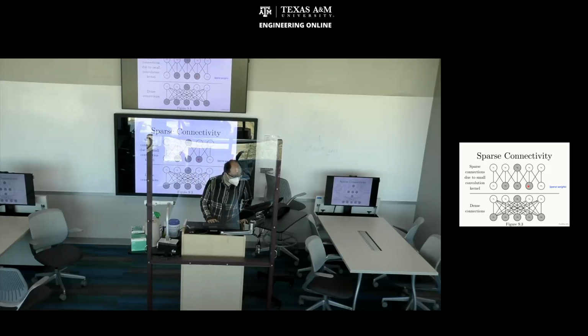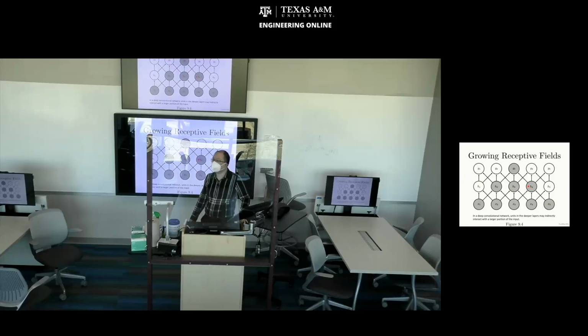Not really, if you consider more layers. Now if you include more layers, look at the latter layers. G3 is only receiving inputs from 3 previous neurons, right? But each of the 3 previous neurons also receives its 3 inputs from the last layer. So in other words, this so-called receptive field, if you sit here and receive the signals all the way from the input, is actually growing toward the input.